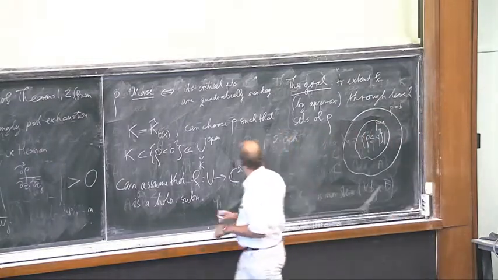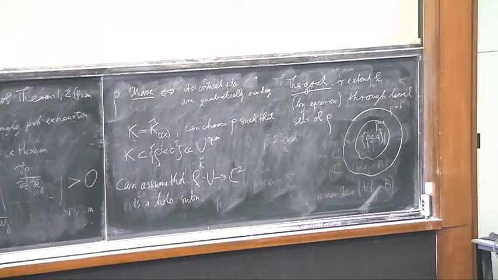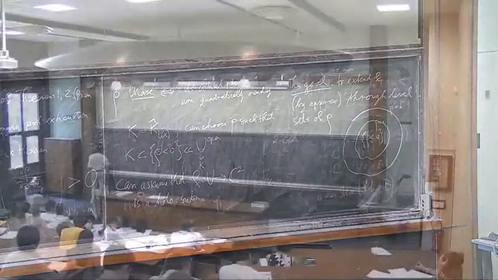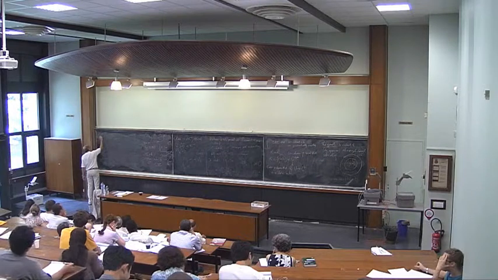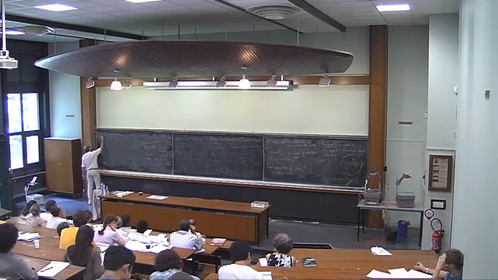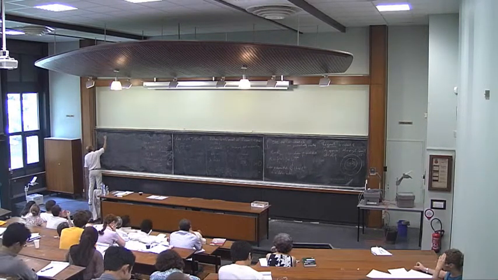Okay, so now we have two cases. And the case which more or less follows straightforwardly from what we did so far is the so-called non-critical case. That's the case where rho has no critical points in between these two values, in that annular region. So the first case is the non-critical case.